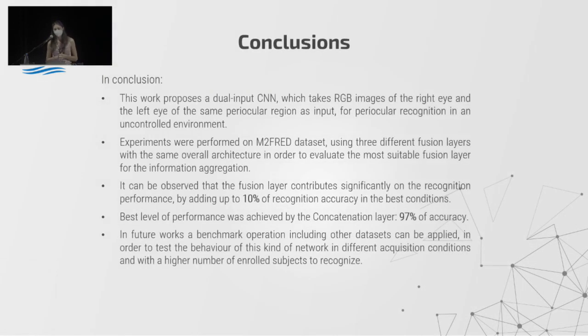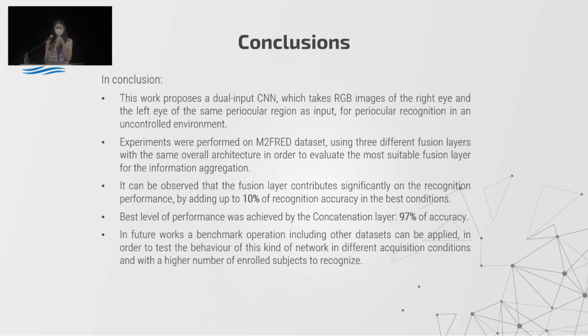Okay, so in conclusion, this work proposes a dual input CNN which takes RGB images of the left and right eye and of the same periocular region as input for periocular recognition in an uncontrolled environment. Experiments were performed on the M2FRED dataset using 3 different fusion layers with the same overall architecture in order to evaluate the most suitable fusion layer for the aggregation of the information.